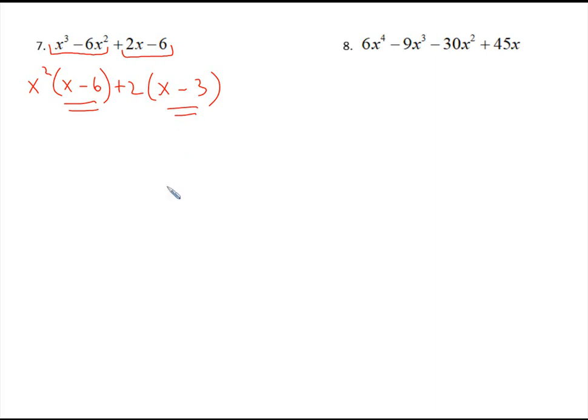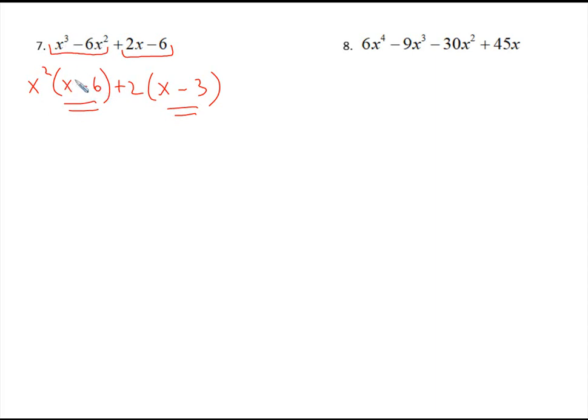And like I told you before, if these are not the same, it's either you're doing it incorrectly or you cannot factor this. So let's just double check to make sure we did everything correctly. The GCF for the first group, the first 2 terms, I take out the x squared, so that looks correct. That leaves me with x and a minus 6.